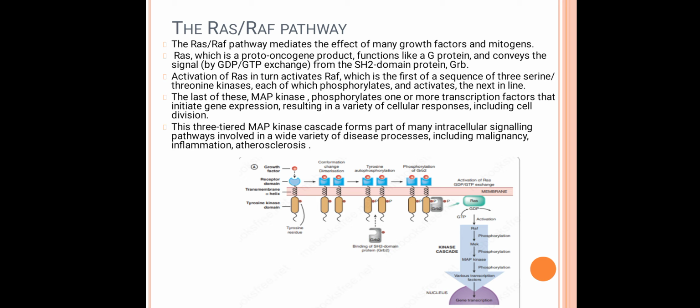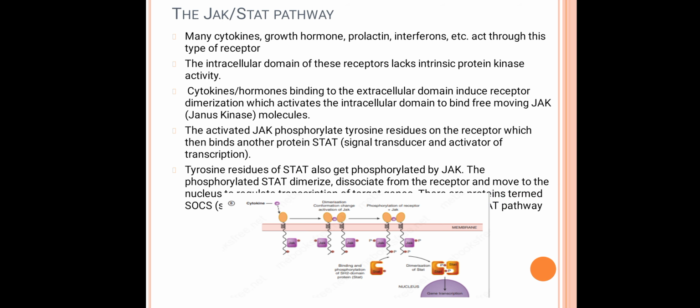So that is the RAS-RAF pathway, where there will be activation of RAS and then three serine threonine protein kinases, that is RAF, MEK and MAP kinase, going inside the nucleus and promoting the transcription. So these are involved in some diseases such as tumors, inflammation, as well as in the formation of atherosclerosis.